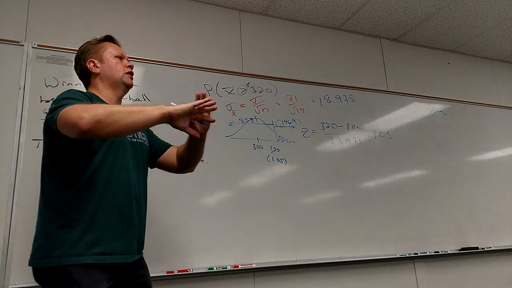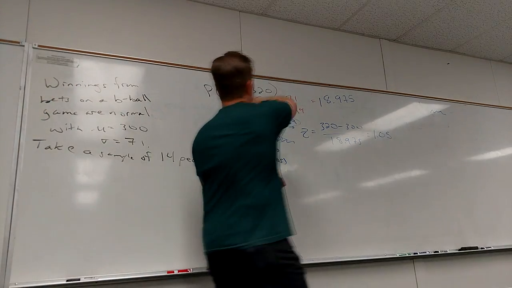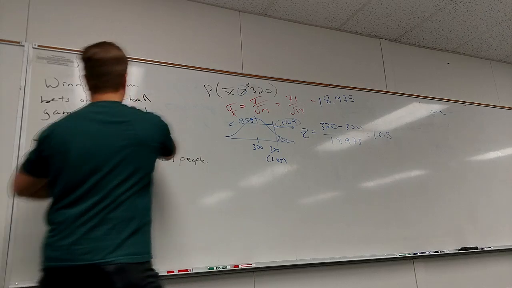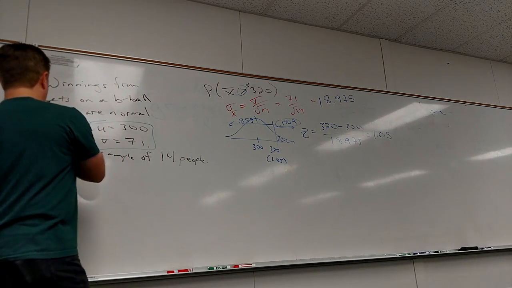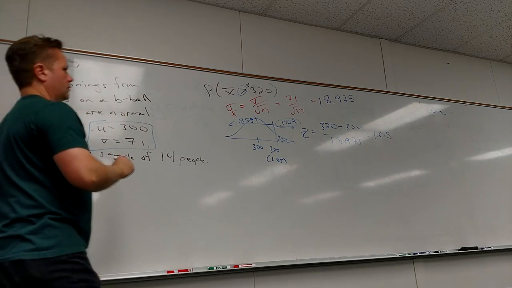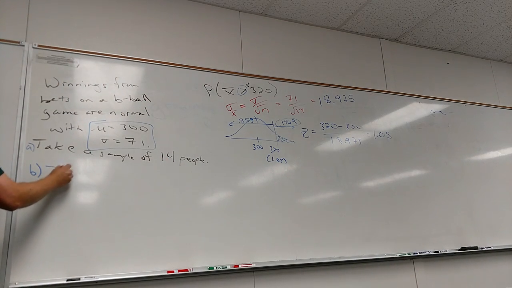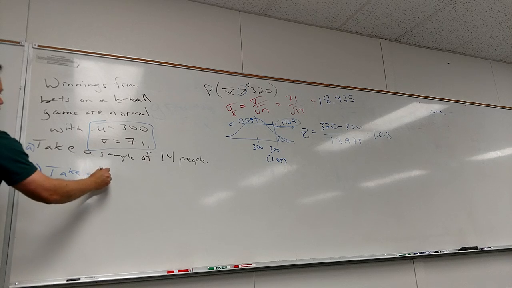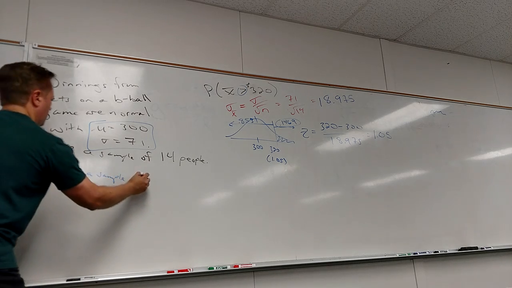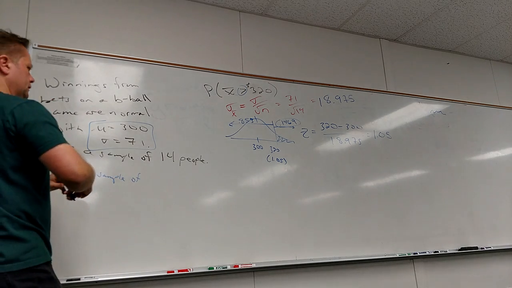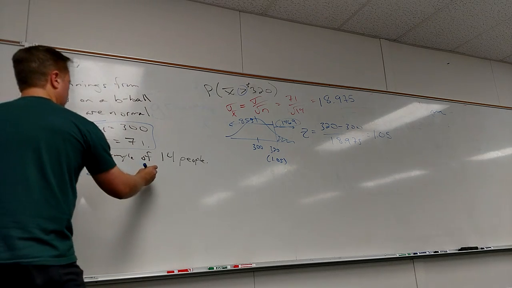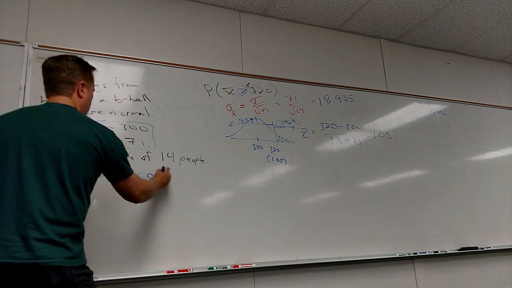Okay, so here's the problem for you to try. Same stuff. This is part A. Part B is take a sample of, what you got, Jeff? Let's say take a sample of 98 people.